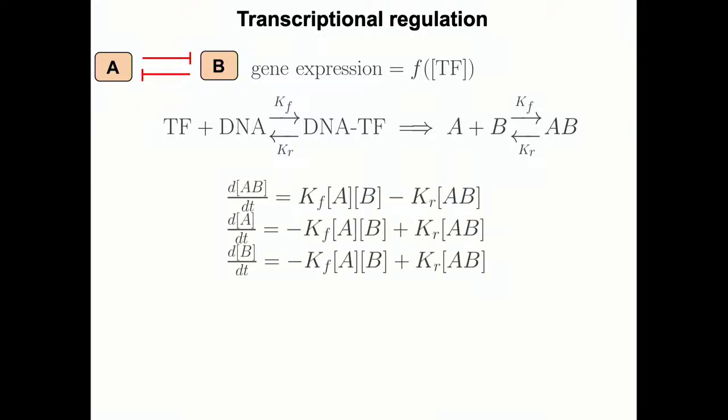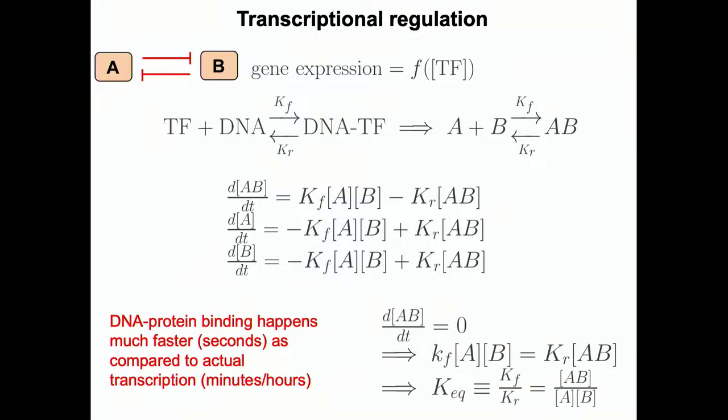Now, if you were to write differential equations for this, the rate of change of AB as a function of time is just the forward reaction Kf times A times B minus the backward reaction Kr times AB, right? And what about dA/dt and dB/dt? It is just the minus of that, because it is minus Kf times A times B plus Kr times AB, right? Now, we make an assumption. What is the assumption?